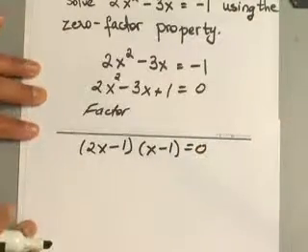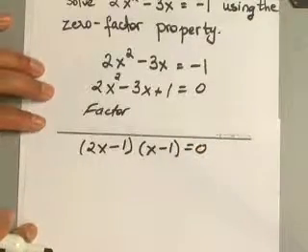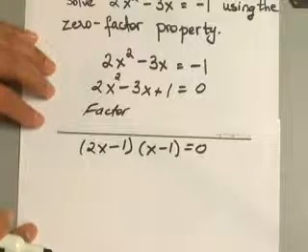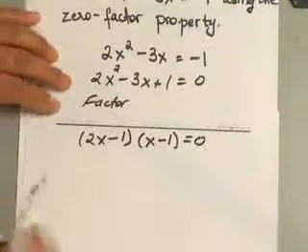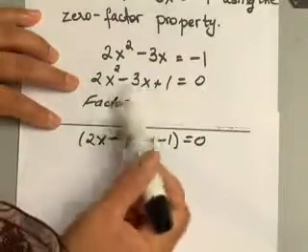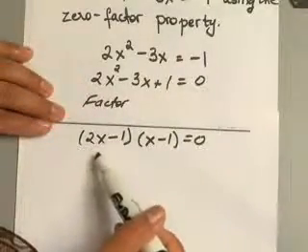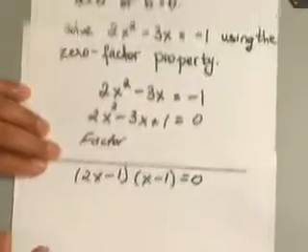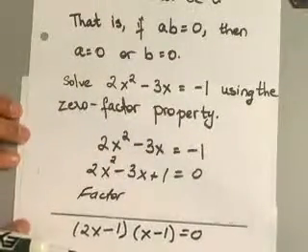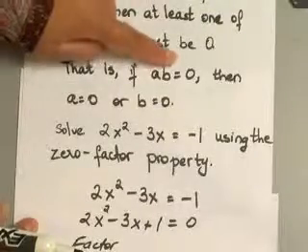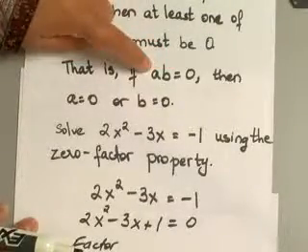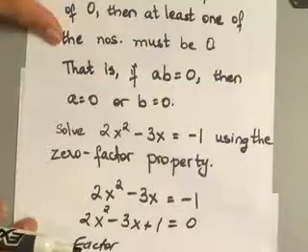Okay, again, we talked about factoring in chapter 6, so if you're not sure how to do this, go back and look at how to work with factoring. But basically we go ahead and write this expression into its factors, which will be 2x minus 1 and x minus 1. So basically what we have done is written our expression in this form: a times b equals 0. So a being the first factor, b being the second factor.